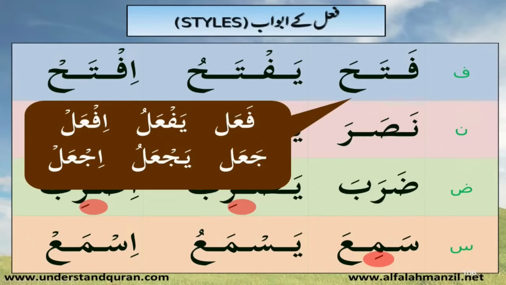So how do we get our styles? When you take madi alone, you cannot come up with a style. If you take mudari alone, you cannot come up with a style. You have to take both of them and marry them, and out of their marriage come styles. Then they become a family.